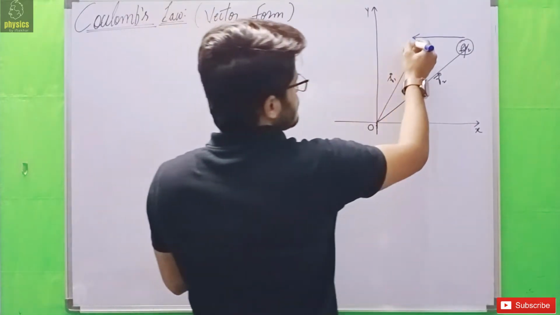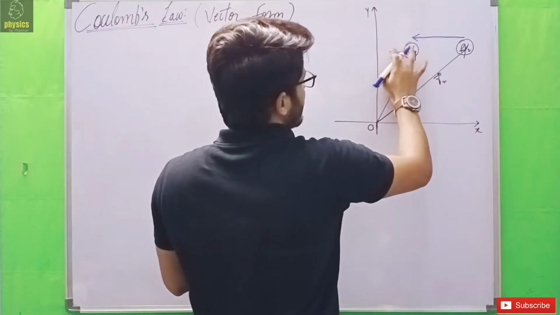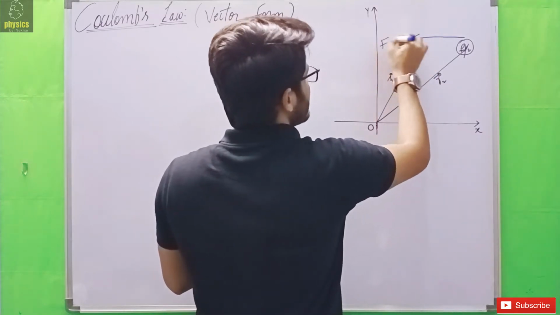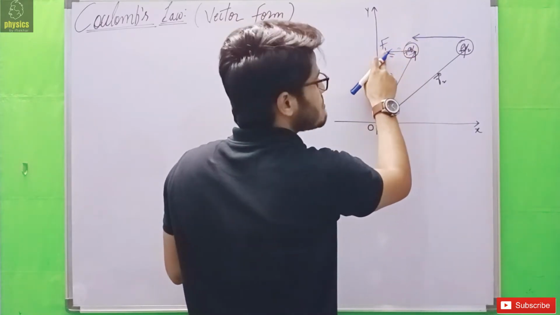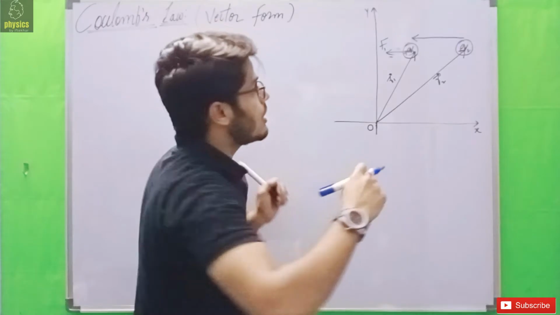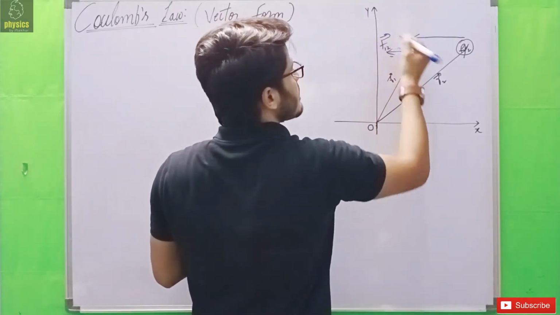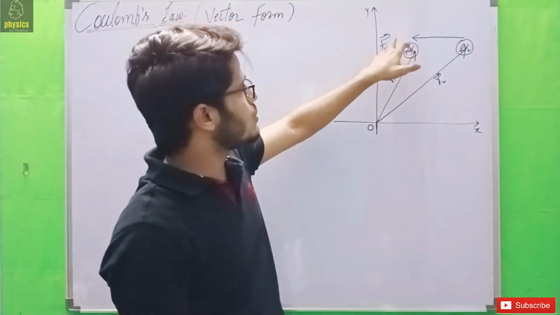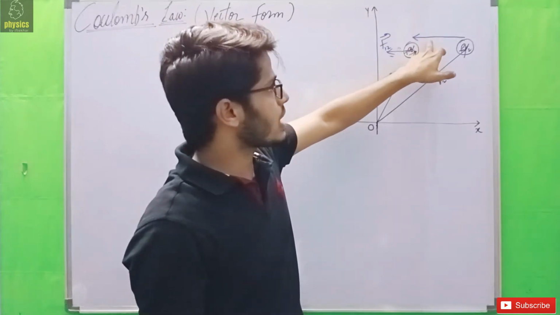So this will give me the force on 1, the particle experiencing the force due to 2. That's why while finding the force on 1 due to 2, I'll take this vector.